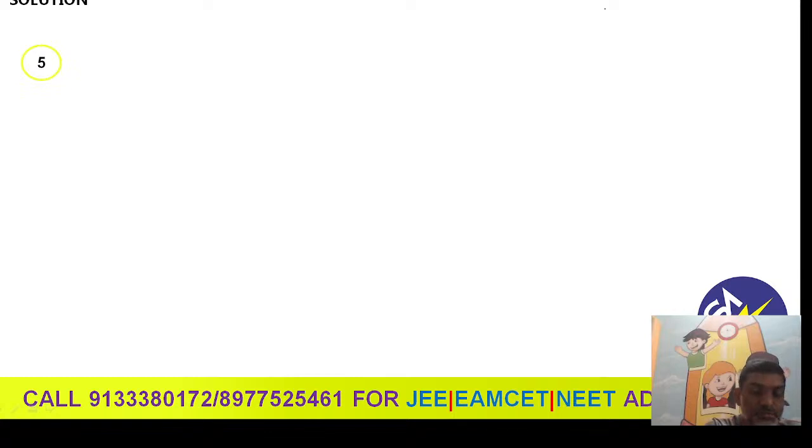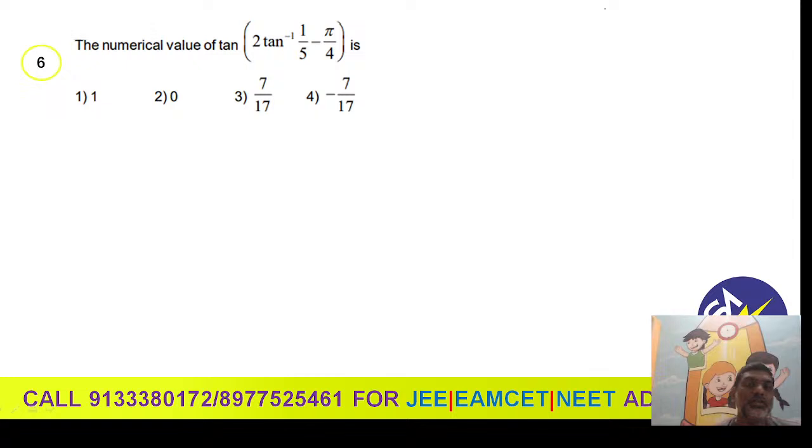Alright, next question number 6. The numerical value of 2 tan inverse of 1 by 5 minus pi by 4. So here let us take 2 tan inverse of 1 by 5 equal to x.